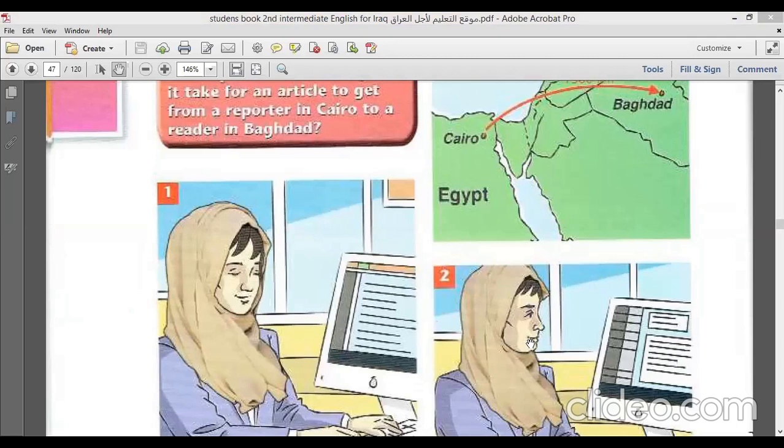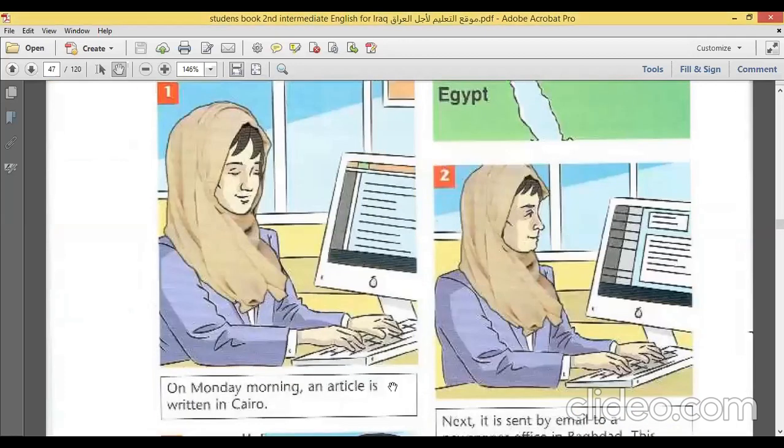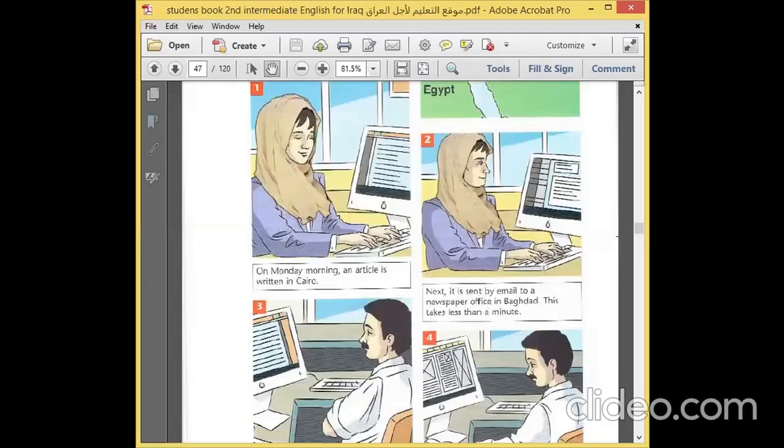Try to find another sentence. It is read by the editor.